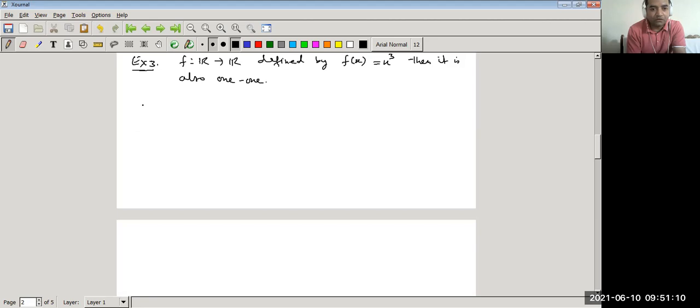So suppose f is a mapping from X to Y and is 1-1. Then for any elements x1, x2 belongs to X, the following holds.